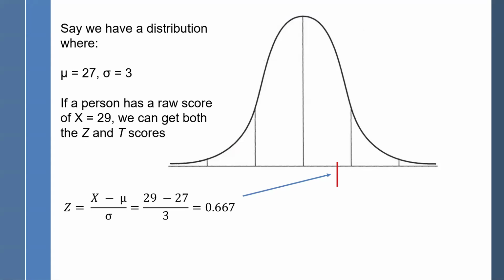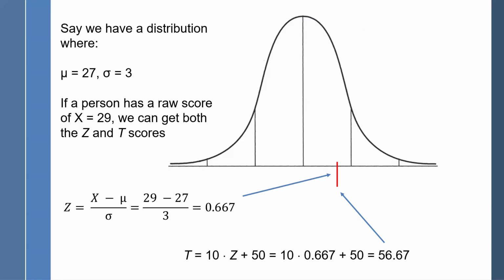My point in this illustration is the fact that these two things, z-scores and t-scores, are telling you the same thing. We can take that person's z-score of 0.667, turn it into a t-score by taking the formula 10 times z plus 50. We calculate it out by taking 10 times 0.667 plus 50, and we derive a score of 56.67.